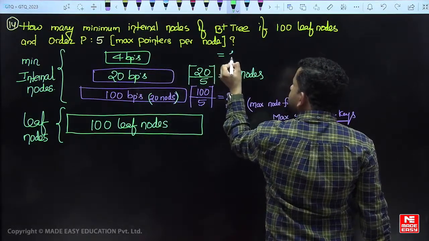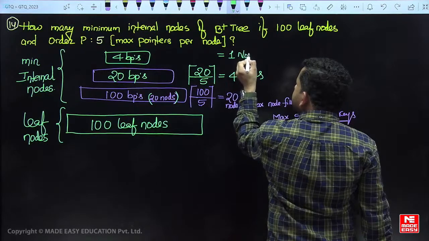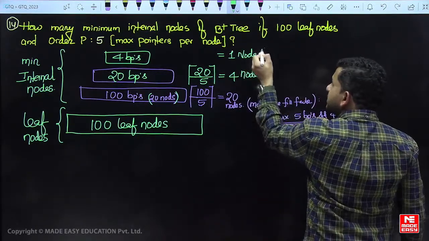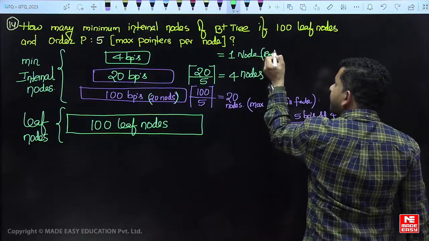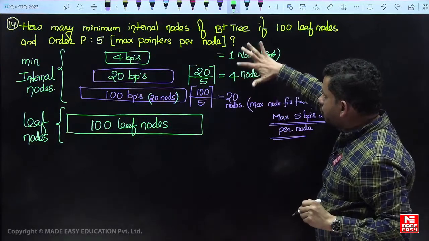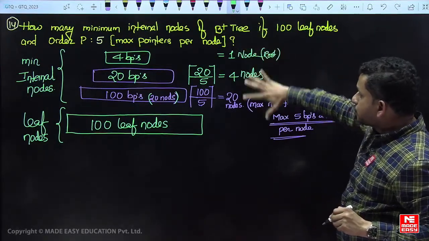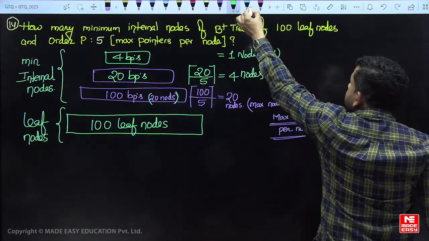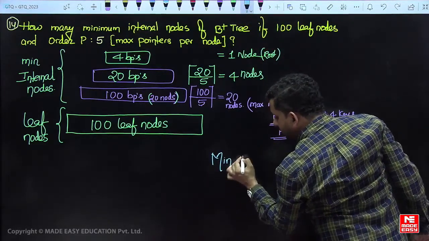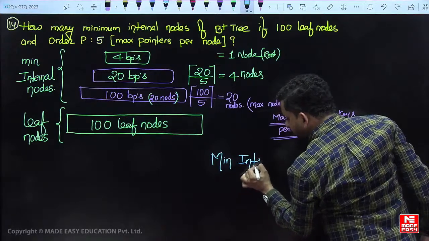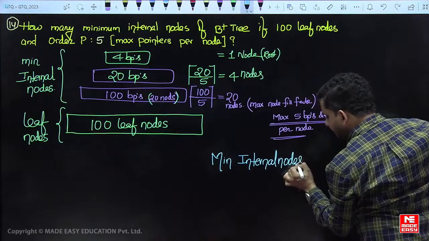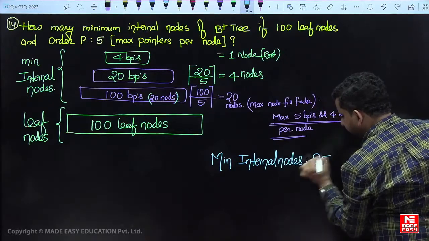Anyhow 1 node is sufficient, since a node can hold maximum 5 block pointers. 4 block pointers, 1 node means it is the root node. So total 20 plus 4 plus 1, 25 is the minimum internal nodes.